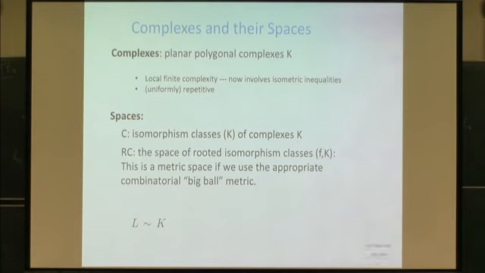The idea is that combinatorially you look at a ball around a point and compare what radius you have to go to for those balls to be isomorphic, and that gives you a measure of the distance between those two rooted complexes. So the same type of thing used here, you get this space of rooted isomorphism classes.